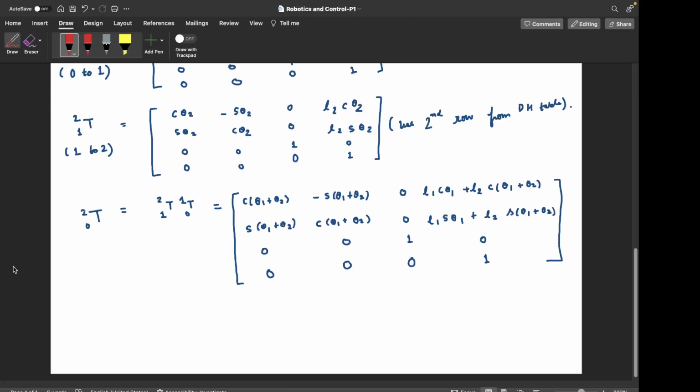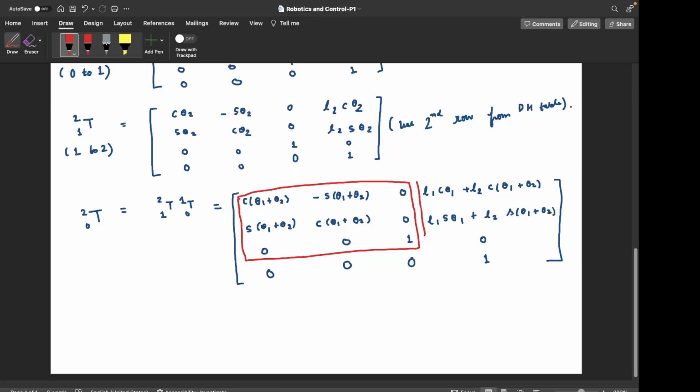Yeah, so you would see this part here, a 3 cross 3 matrix like this. So this 3 cross 3 matrix, this gives the orientation of the end effector, right?